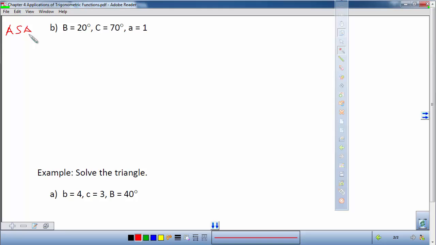So the first thing I could do is what? Yeah, this one does turn out to be a right triangle. I hate that. I need to change that in the notes. But let's pretend as if it is not, because we want to demonstrate the law of sines. So how could I use the law of sines to solve this?